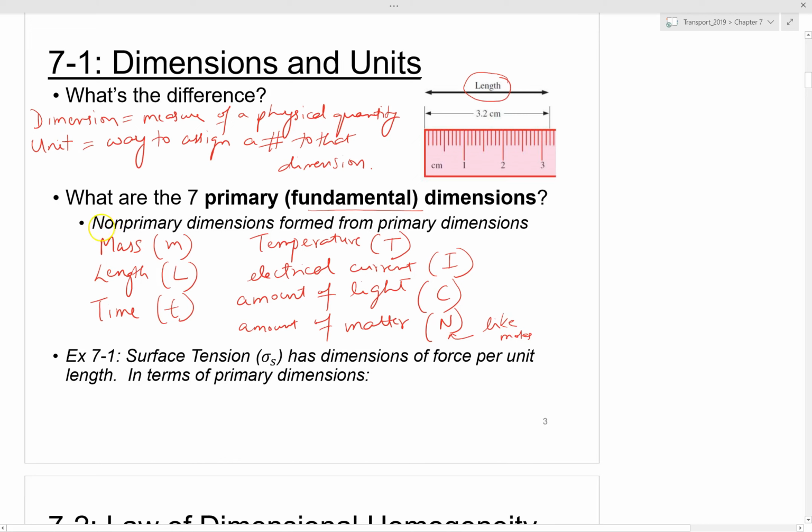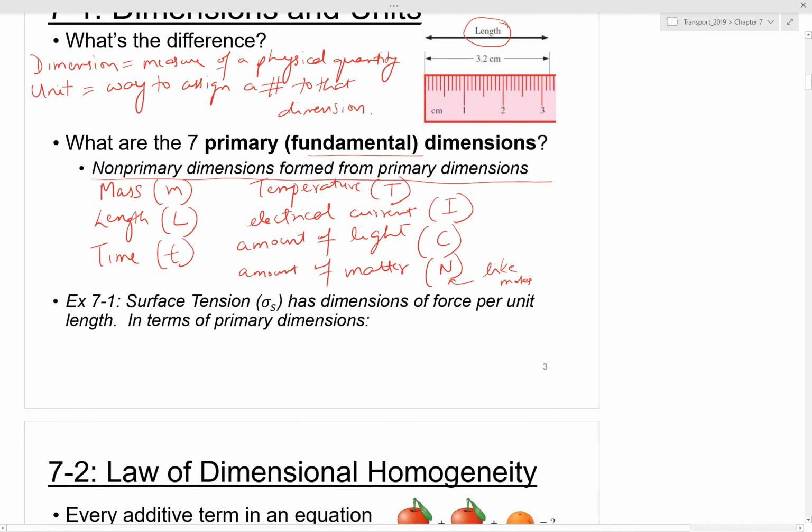So then you have the non-primary dimensions formed from primary dimensions. So example is surface tension. Surface tension has dimensions of force per unit length. In terms of primary dimensions, what will it be?